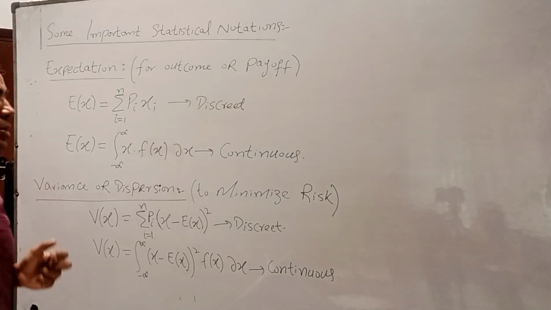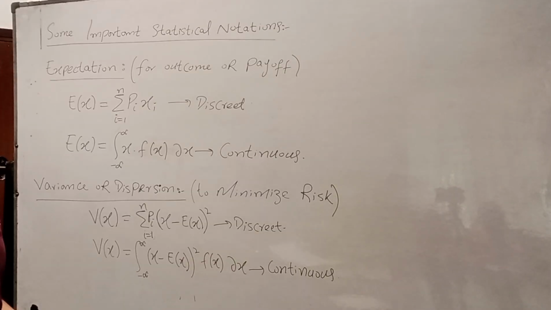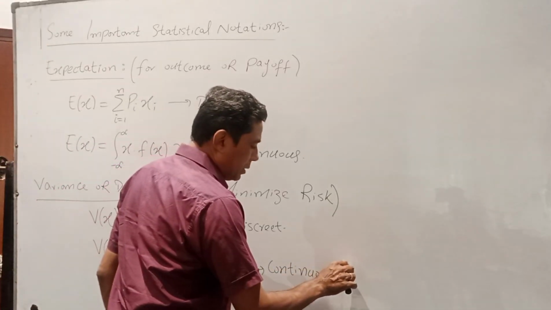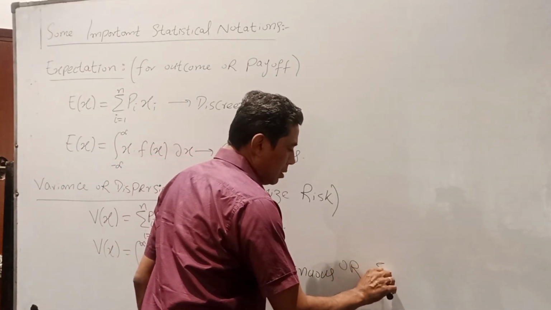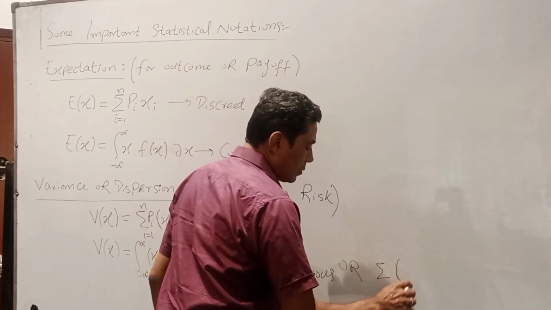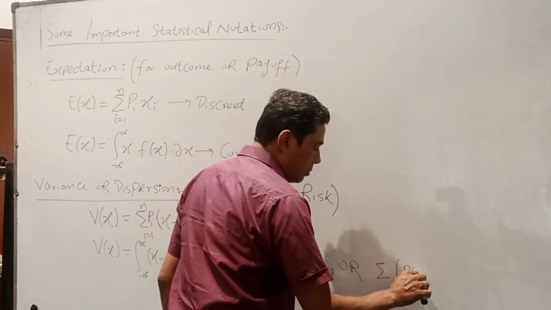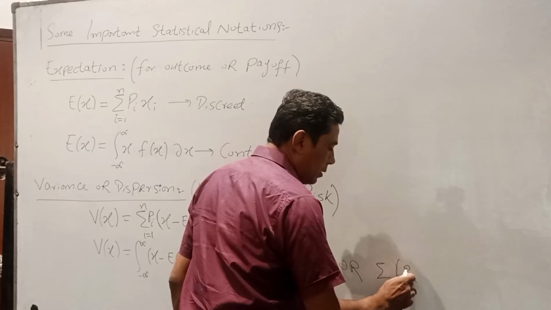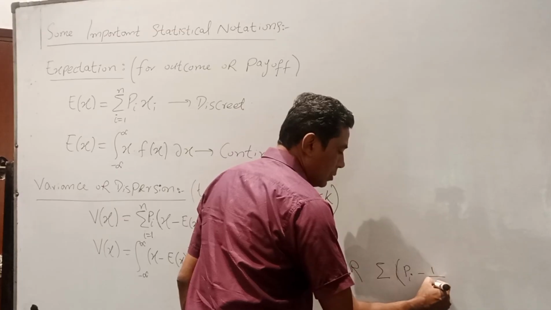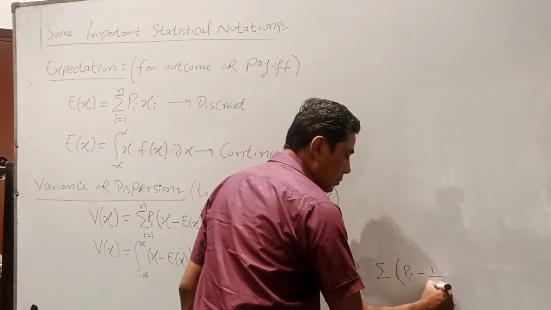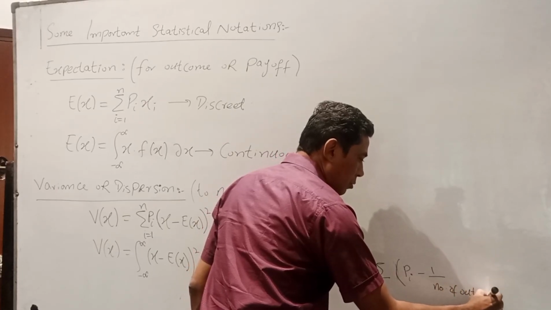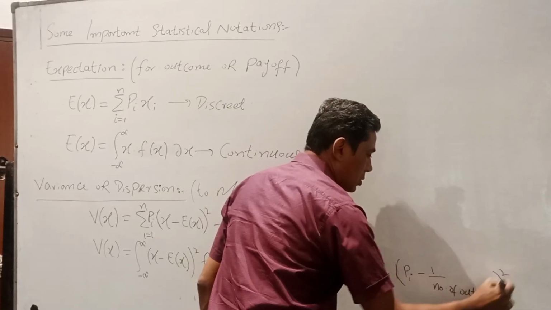Sometimes we use this kind of function in case of distributions, where we can write it with the probability minus the number of outcomes, squared, absolute value.